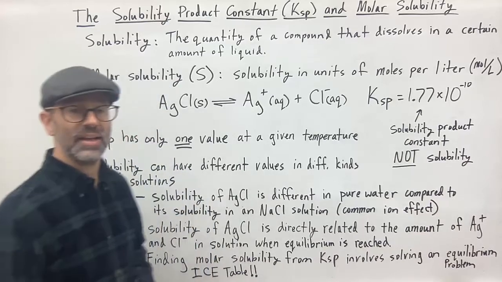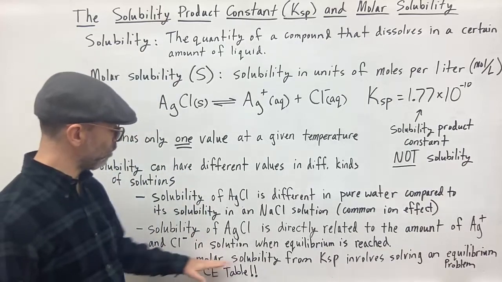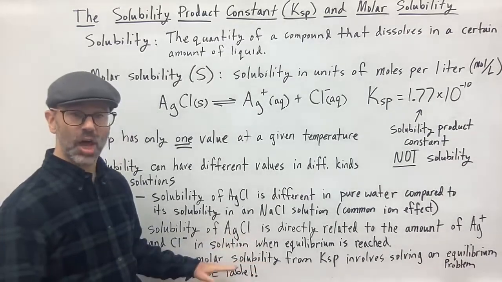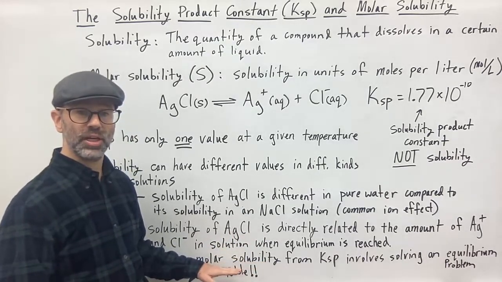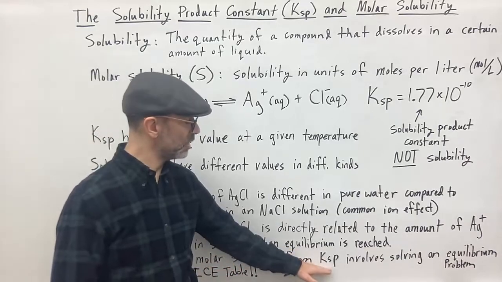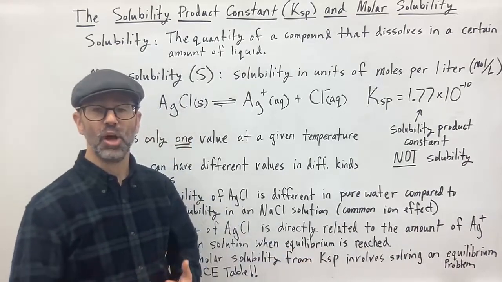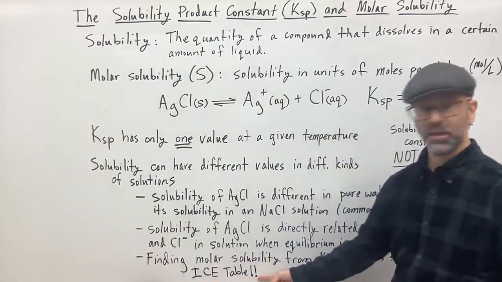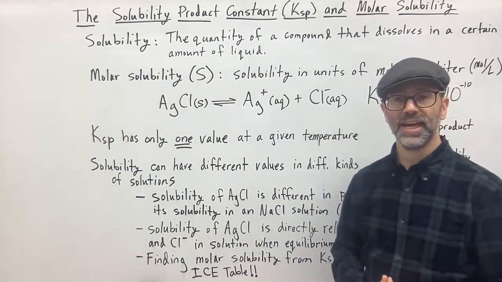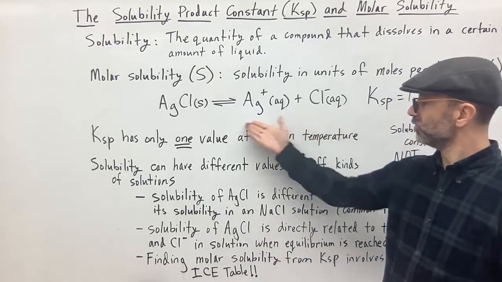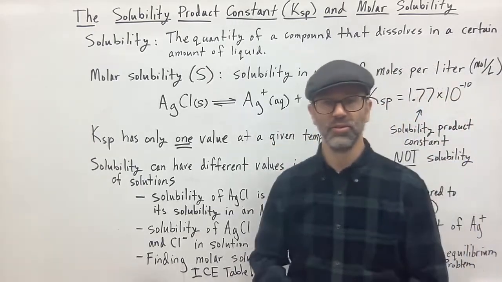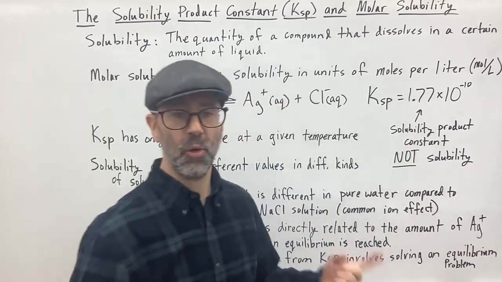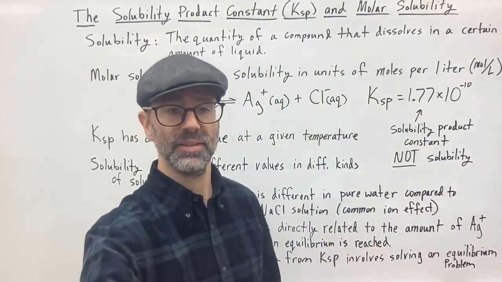That means that finding the molar solubility, finding how much dissolves in your solution, from the KSP is going to involve solving an equilibrium problem, which means an ICE table. So let's go ahead and do an example. Let's use this and do an ICE table to see what the molar solubility of silver chloride is. So hold on just a moment.